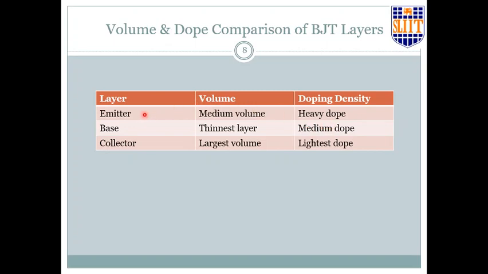The emitter has a moderate volume, it is not very thin, it has a moderate depth as well, and it however should have the highest or heaviest doping concentration. Heaviest doping concentration, medium doping concentration, and lightest doping concentration.